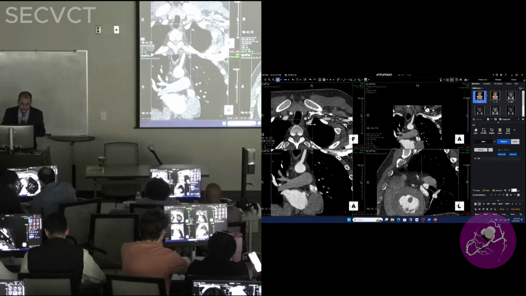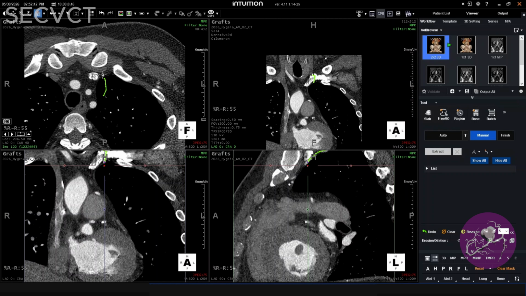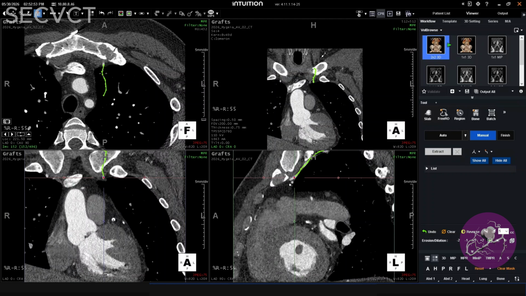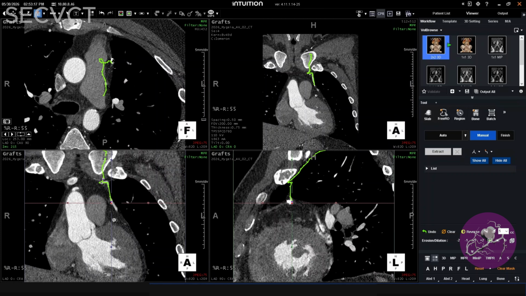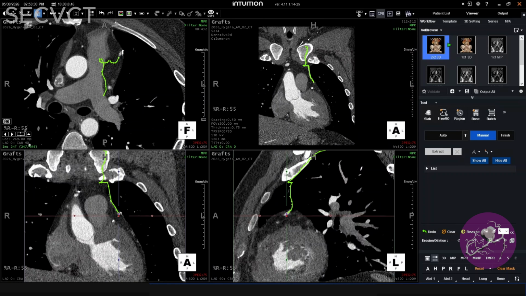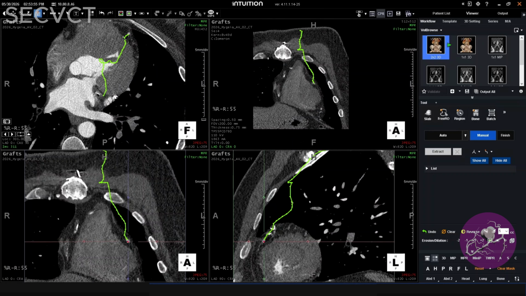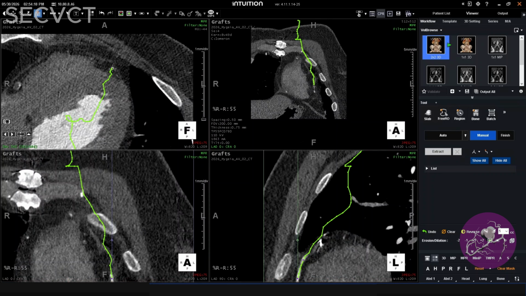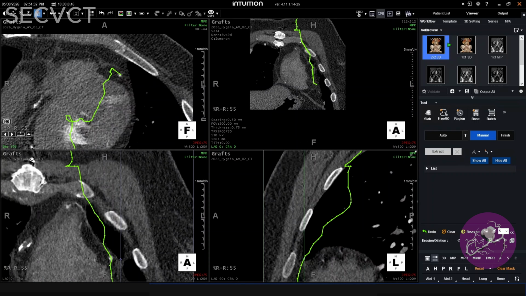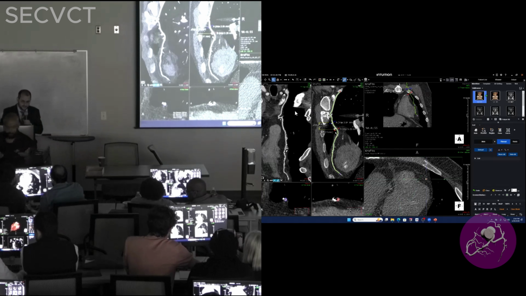So I will track the Lima graft from the left subclavian. Okay, and that's my Lima graft, okay?